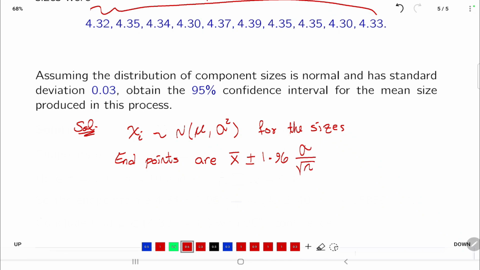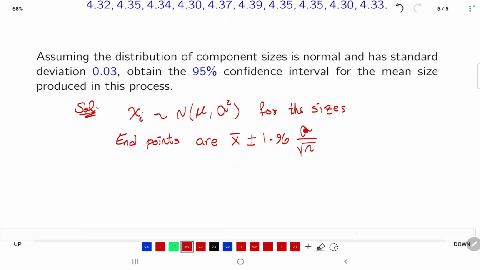So now here sigma, which is 0.03, and n is the number of the sample of the components. So putting sigma equals, sigma is this one, 0.03, and n equals 10.